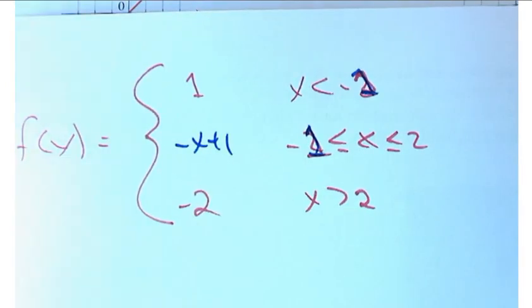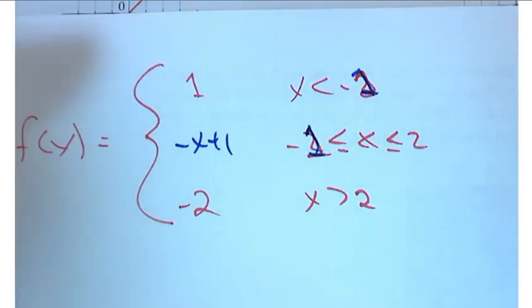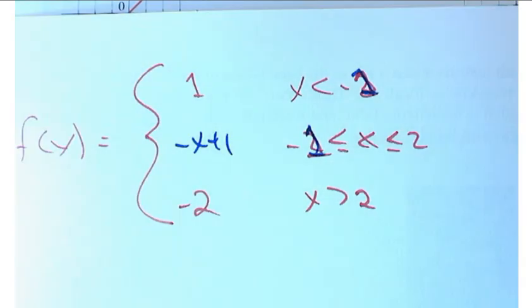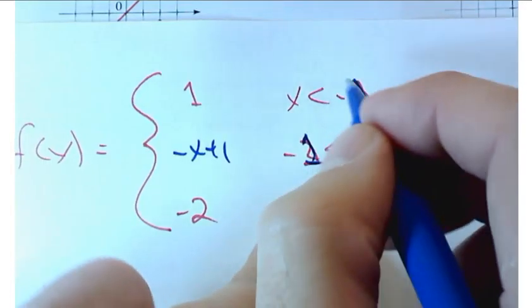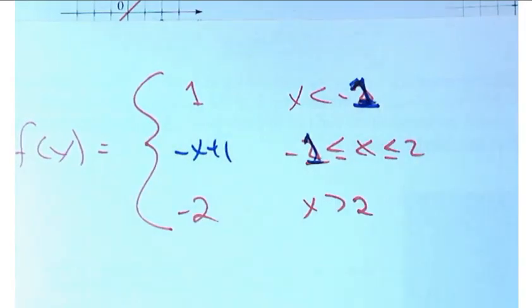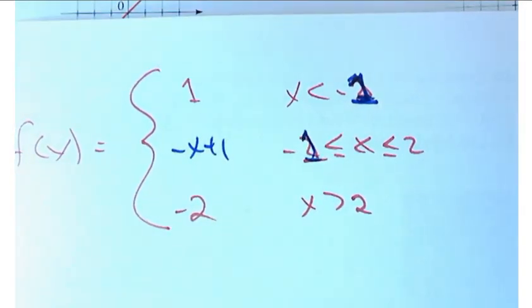So here's your piecewise function. f of x equals 1 for x less than -1, -x plus 1 between -1 and 2, and -2 to the right of 2. So I like that one. It's kind of reversing directions, but it's still a good one.